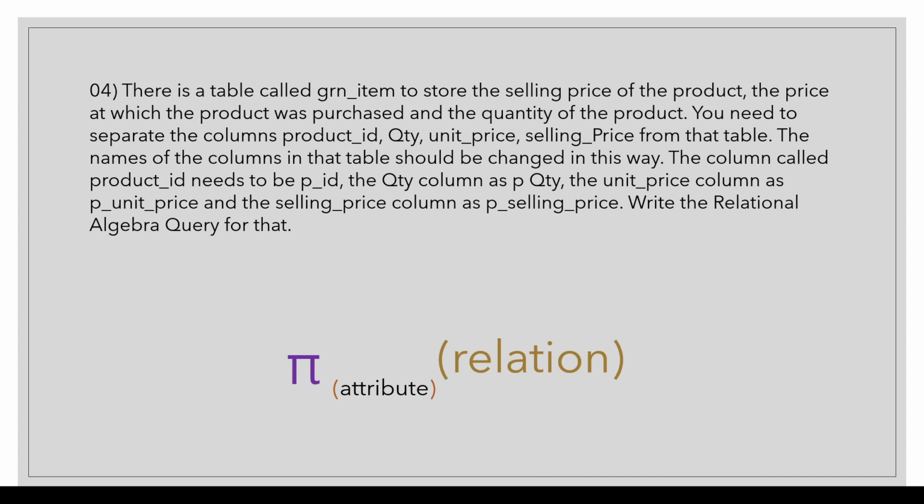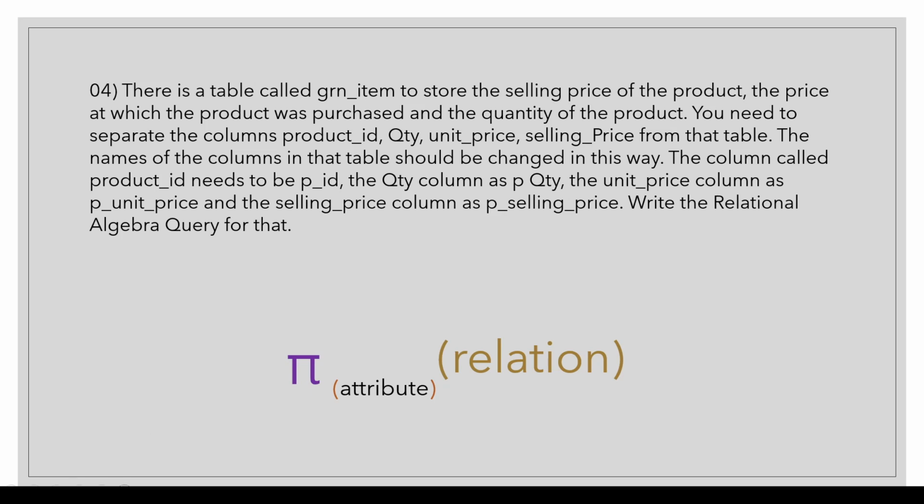We have to show only a specific set of attributes. So we have to use this projection method first, and as the input for this projection method in the relation area, we have to do the renaming part.